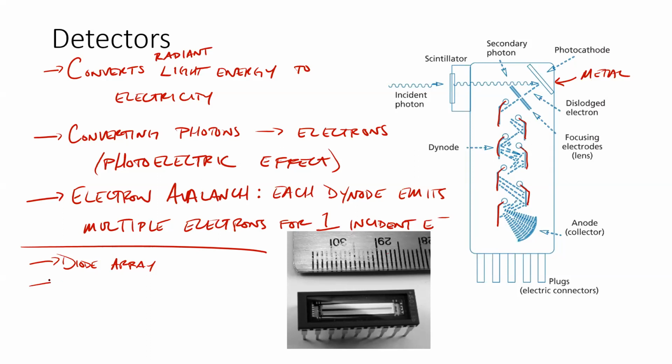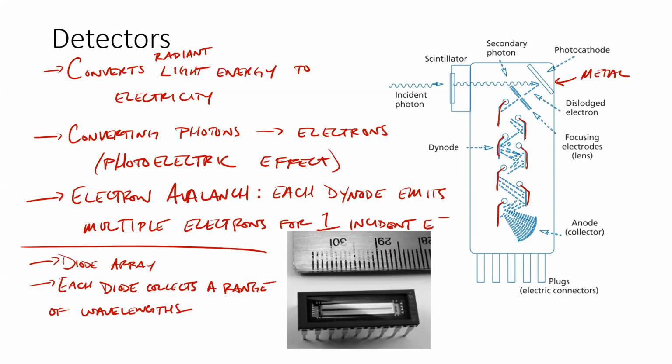And so for a diode array, each diode collects a range of wavelengths. And so your bandwidth is actually limited by how many diodes you have.